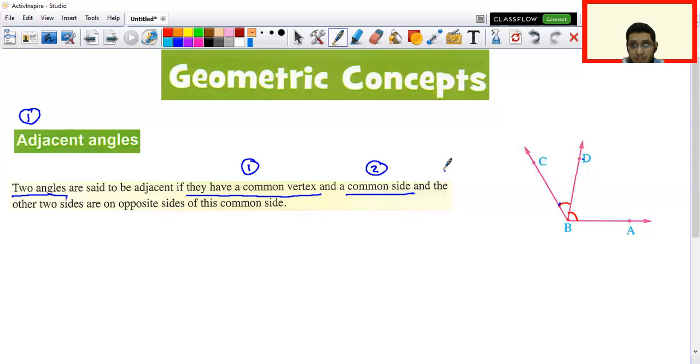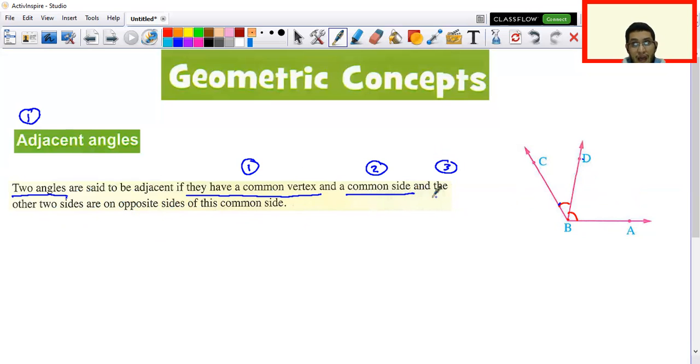The third condition is the other two sides are on opposite sides of the common side. It means, for the common side BD, the other side of the first angle is BA, for example, BA at the left of BD, and BC is the other side of the second angle at the right of BD.